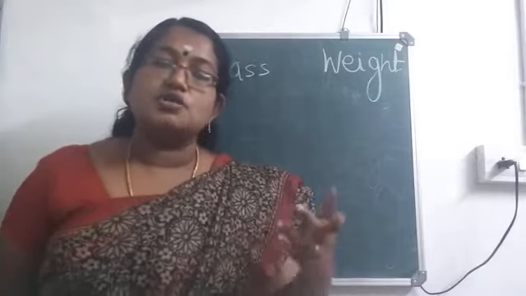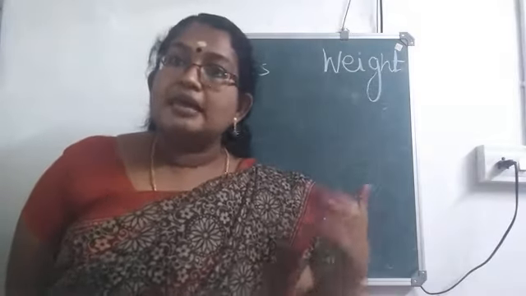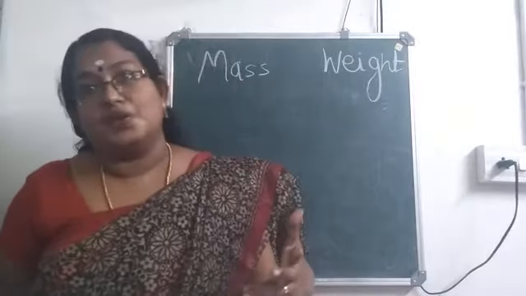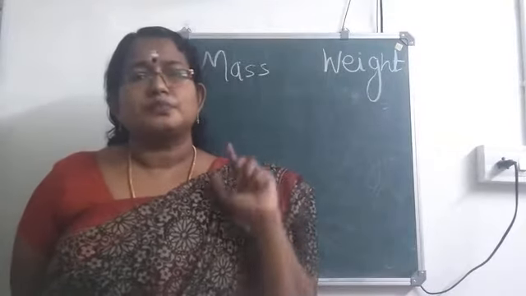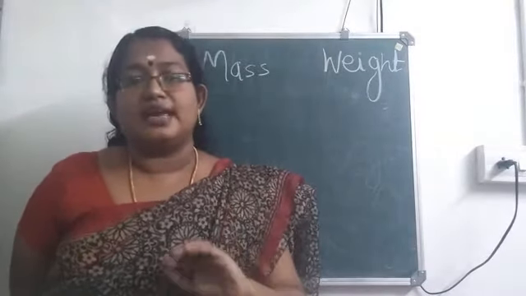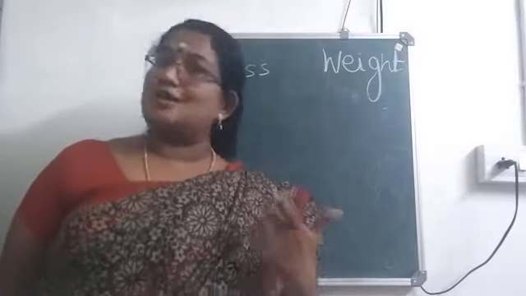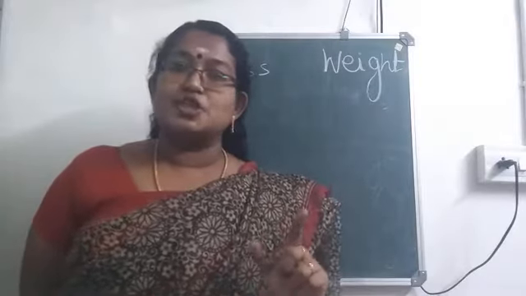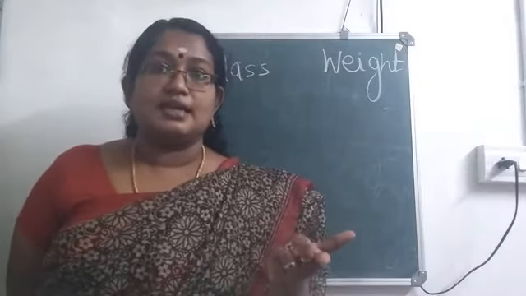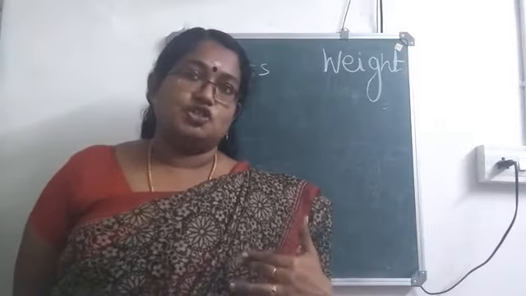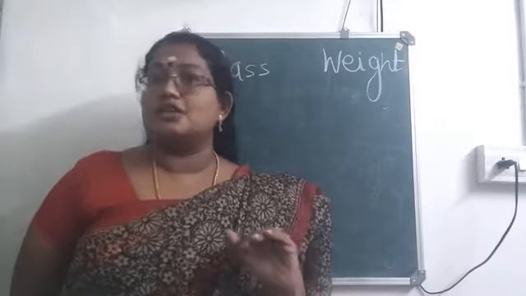But when we are considering our weight on Moon, it will be the force exerted by Moon on our body. That means the value of weight will vary from place to place, but in the case of mass it is a constant. But there is an exemption that we learned in the beginning, isn't it? If a body is moving with a greater speed, then mass can change, else mass remains as a constant.